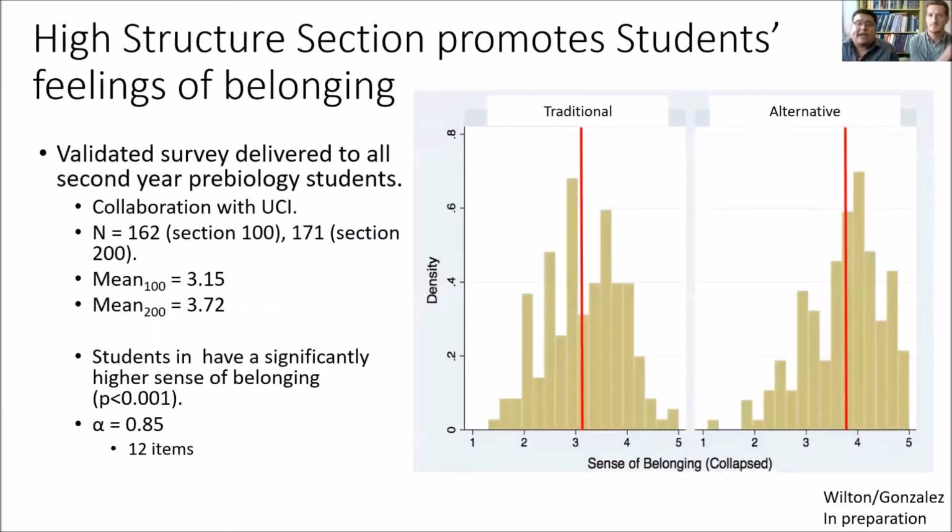Finally, for 1A, one of the things that we are interested in understanding is the sense of belonging that we have been talking about, and we wanted to measure that. We did that through a validated survey instrument. As you can see in this graph, the density of students, based on a Likert scale, shows a shift in this sense of belonging measurement in the alternative section versus the traditional one.